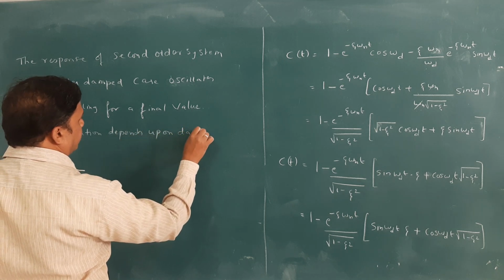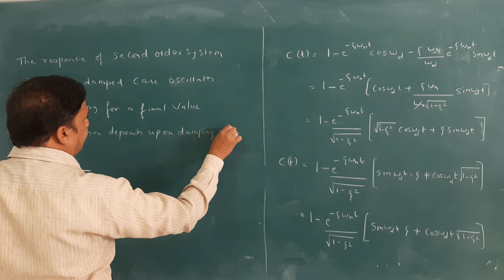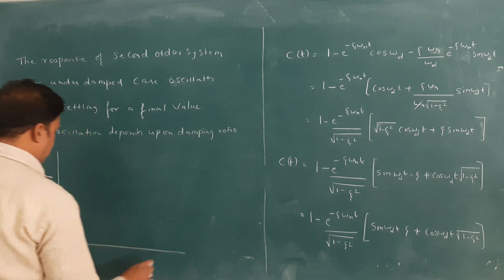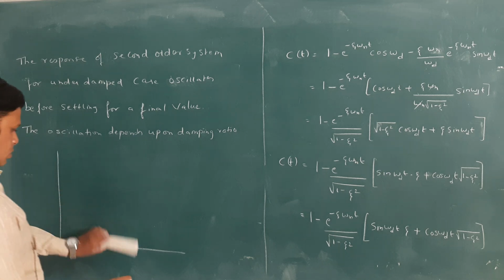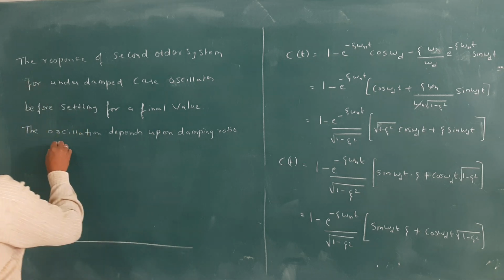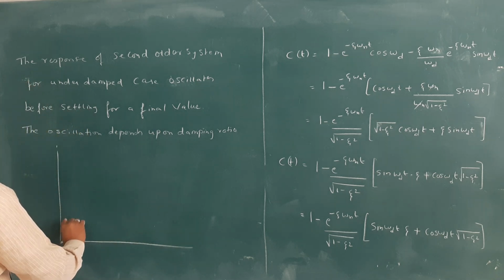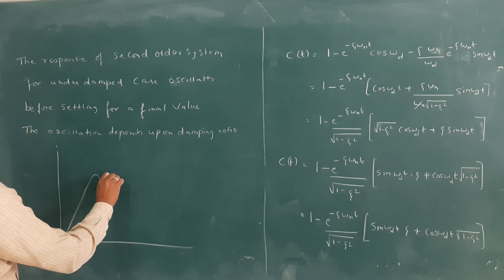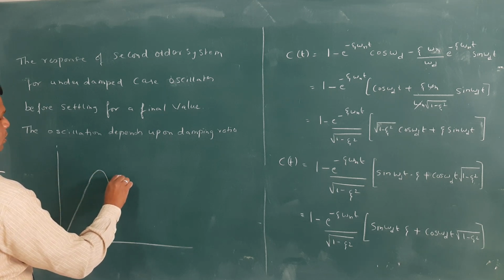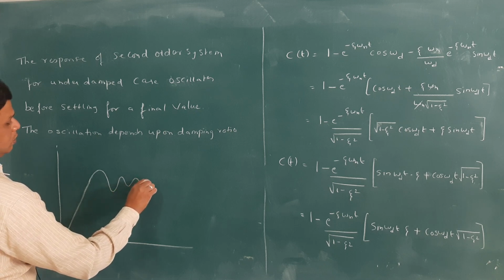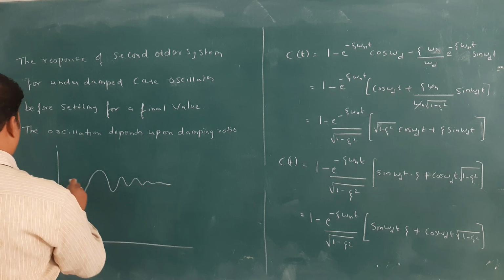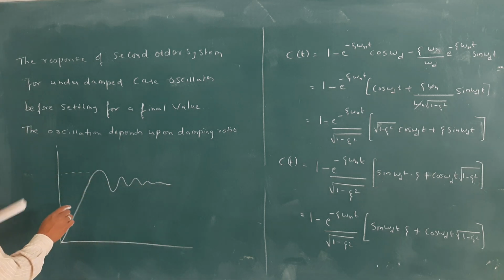The response will be like this. We are showing the response also. So it starts, first it oscillates, and it comes to a final value like this, for unit step input.